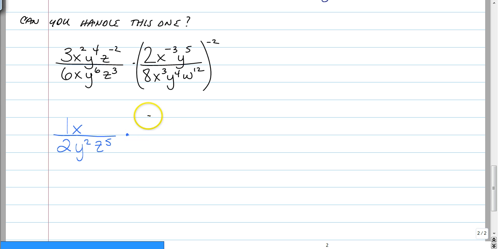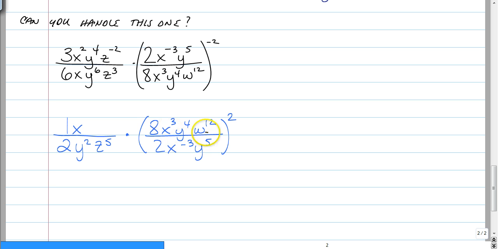Let's flip this second one. So that's going to be 8x cubed y to the 4th w to the 12th all over 2 x to the negative 3 y to the 5th, raised to a positive 2.